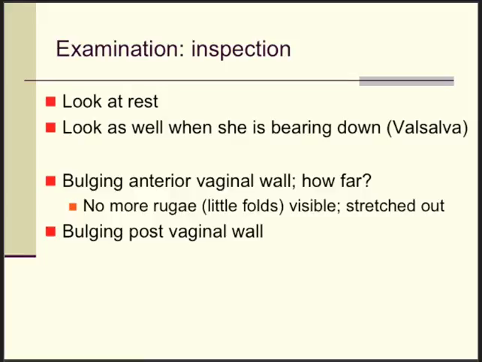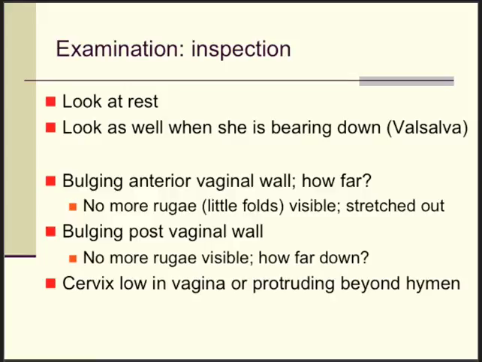Same applies to bulging of the posterior vaginal wall; when that's visible, that's consistent with a rectocele. No more vaginal rugae are visible, and you ask yourself as well, how far does the posterior vaginal wall come down when she is coughing? Sometimes we can see that the cervix is visible low in the vagina or even in the introitus or protruding beyond the hymen, which is consistent with uterine prolapse.